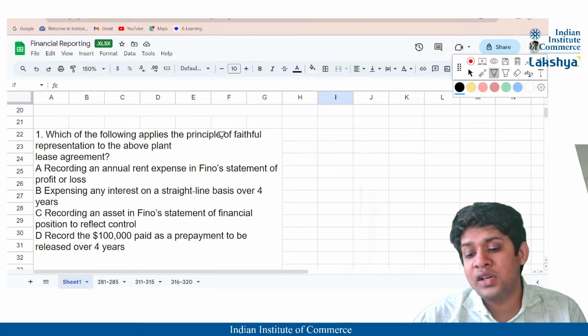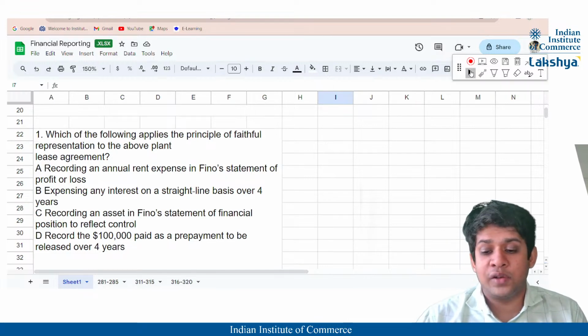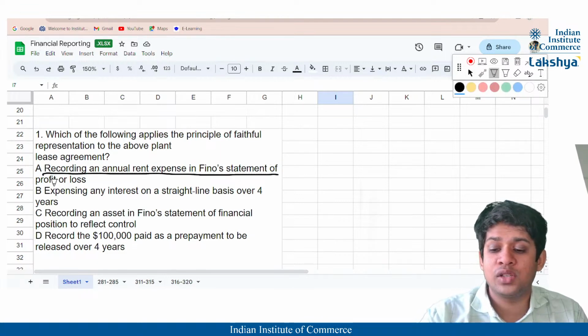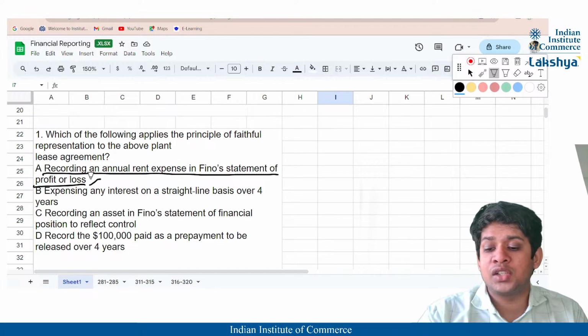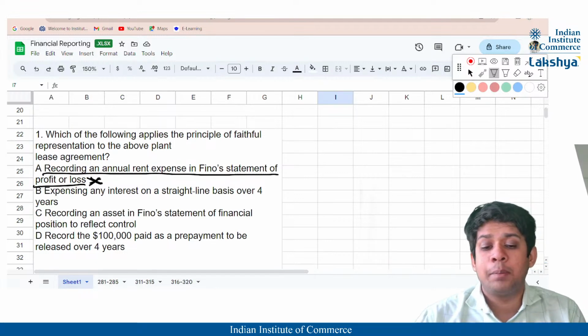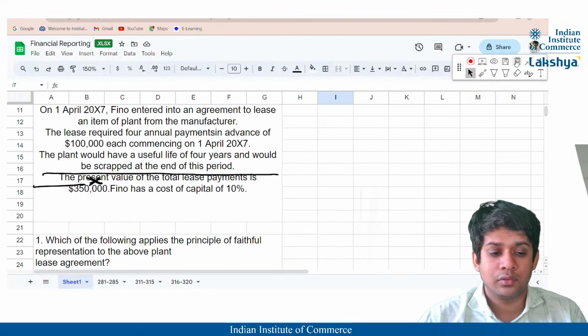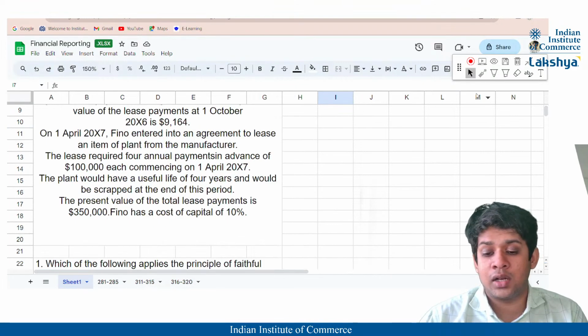And firstly, we'll read through the first one. Recording an annual rental expense in Fino's statement of profit or loss, that is not done for the plant. Always remember that is not done for the plant because your plant is actually taken on a proper lease agreement.